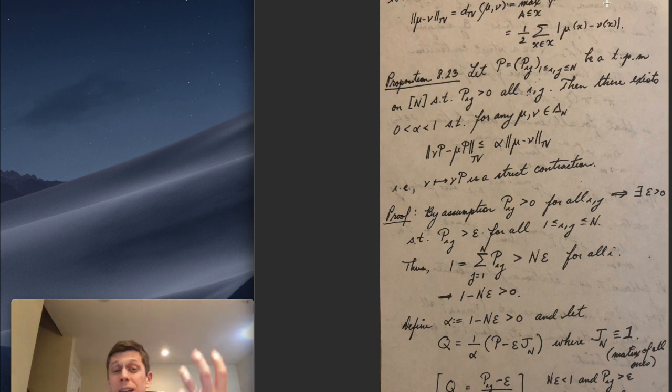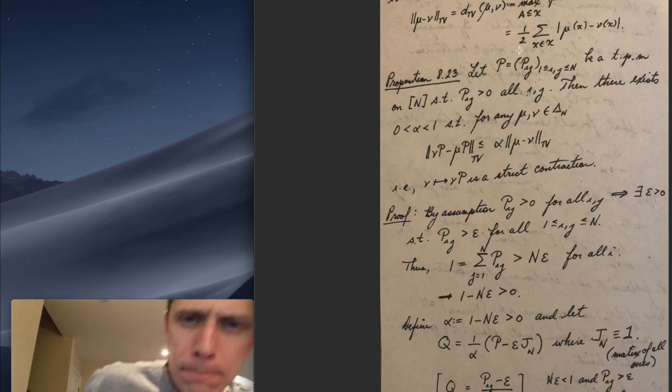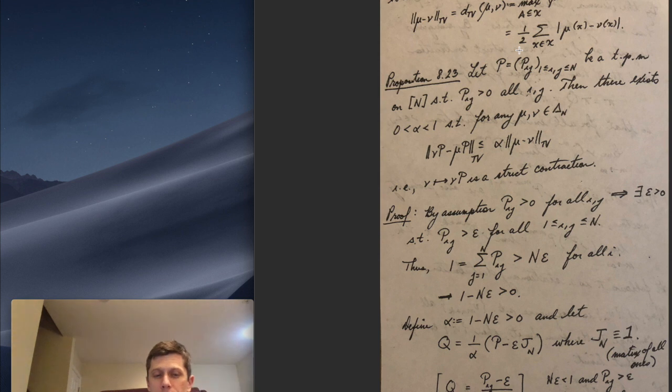So it's the worst case scenario, the set on which they're the most different. But we have a convenient way of calculating that, which we saw earlier. In the finite setting, we can just sum over all states the absolute differences and multiply by half. That is the total variation distance.